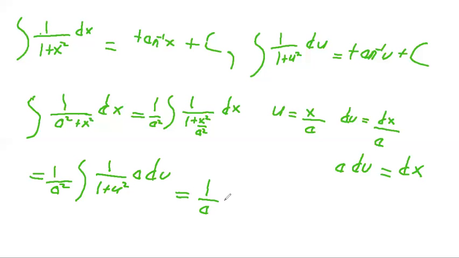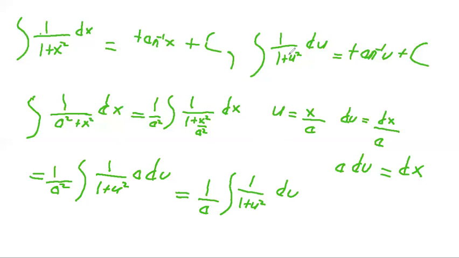So you're going to have 1 over a times the integral of 1 over 1 plus u squared du. But you see, we already know what this is equal to.